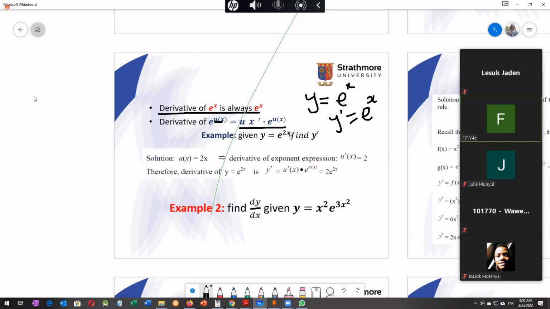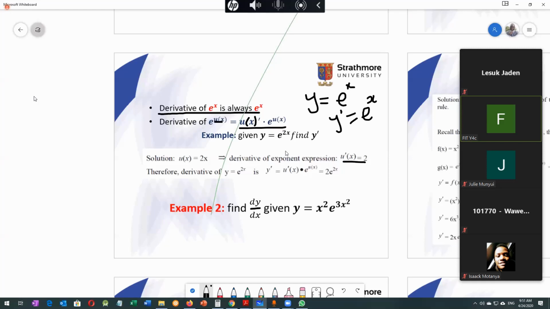This is the same as doing the derivative of that function found at the top there, that is 2x. So the derivative of 2x, we know it's 2. And then you multiply that by whatever you were originally given. That example is easier to follow when you have examples like these ones.